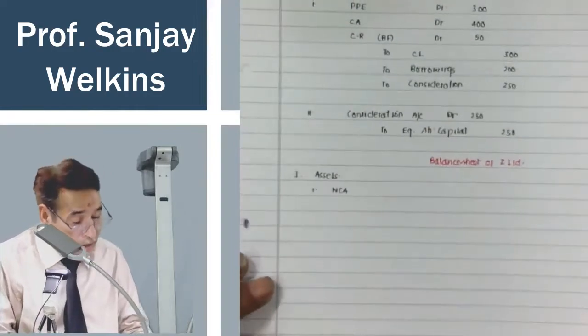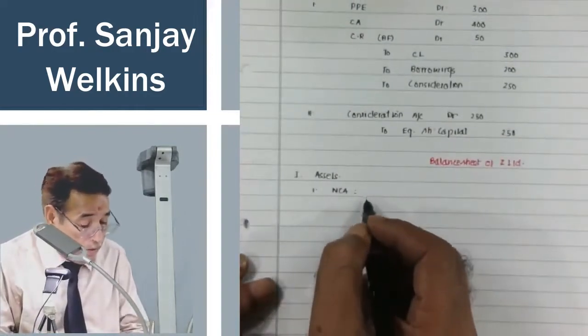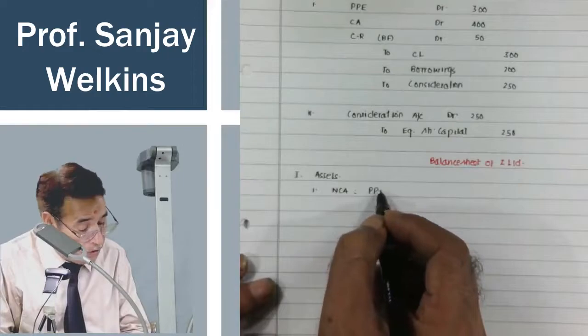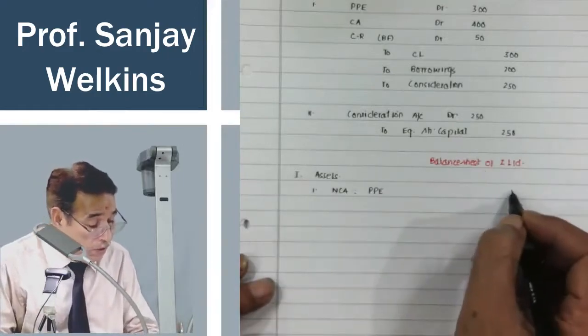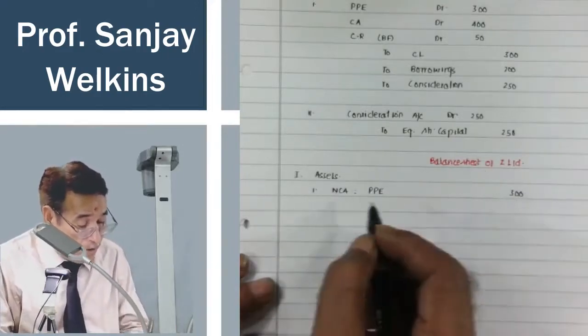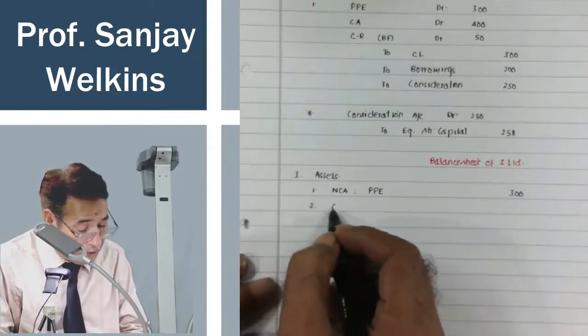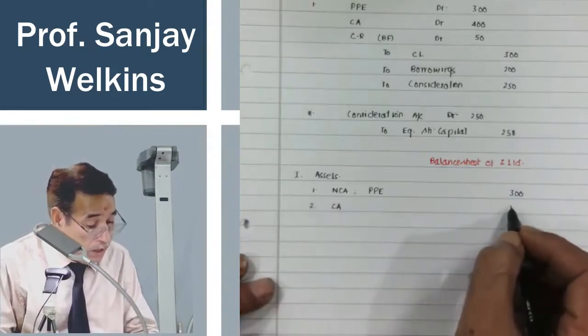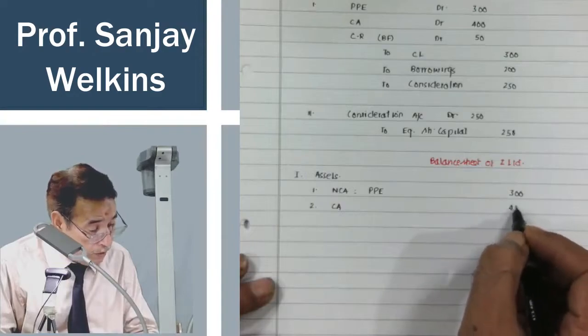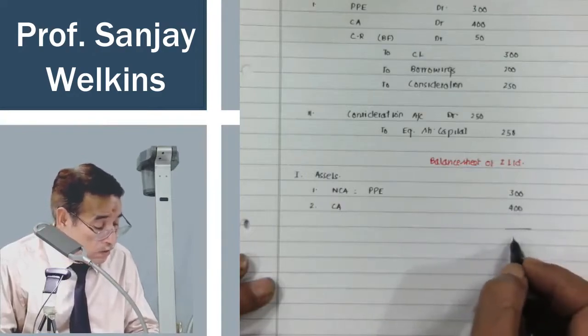After writing non-current asset, property, plant and equipment, 300. Only one other item, current asset, that again is 400. Total is 700.